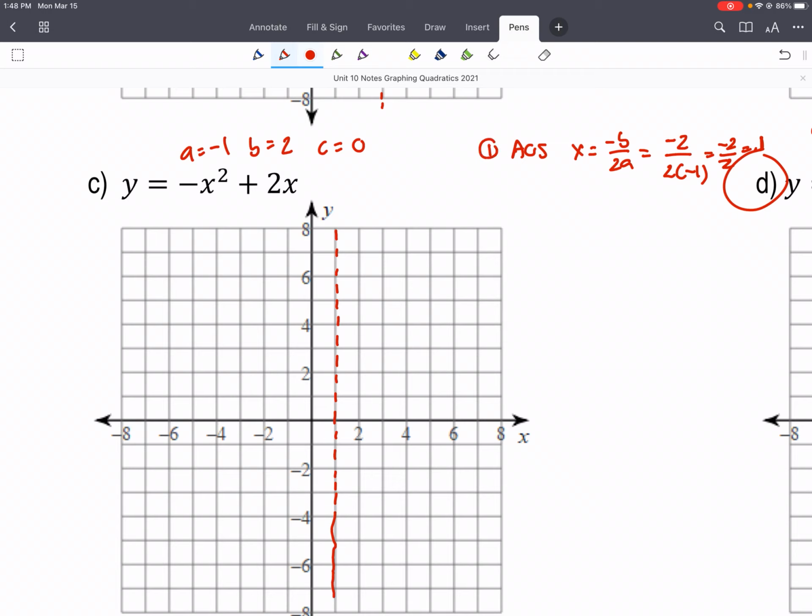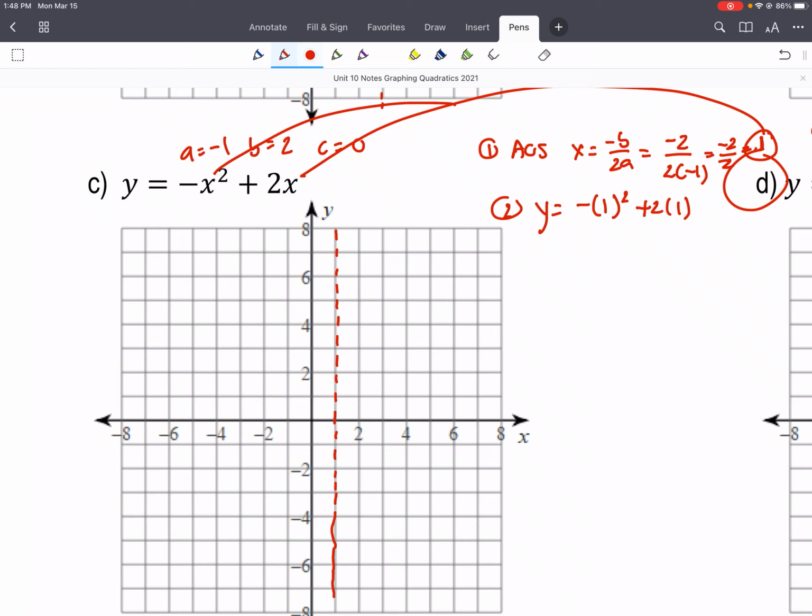And then our second step is to plug that in. So I plug that 1 in for x, negative, and then we'll put the 1 inside the parenthesis. Whenever you substitute something in, put it in a parenthesis. And then that would give us plus 2 times 1.